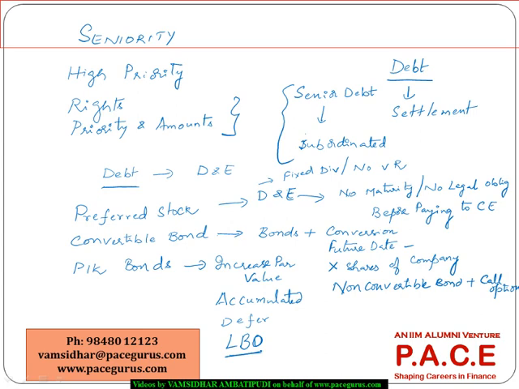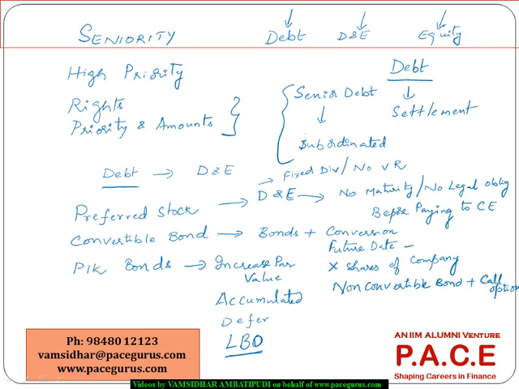So this is one dimension with respect to seniority, where in general the seniority is debt, probably a composition of debt and equity instruments, and finally equity. So pure debt instruments will have a high priority, whereas the debt and equity blended instruments will be next in line, and finally the equity investments will get paid in case of any default or liquidation of the underlying firm.